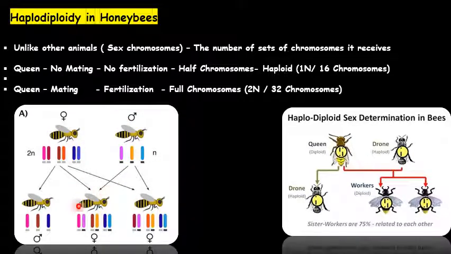So they will be fertilized, and female worker bees and queens will be produced at this time. Since both haploid as well as diploid types of sex determination are taken care of in honeybees, we call that haplodiploidy in honeybees.